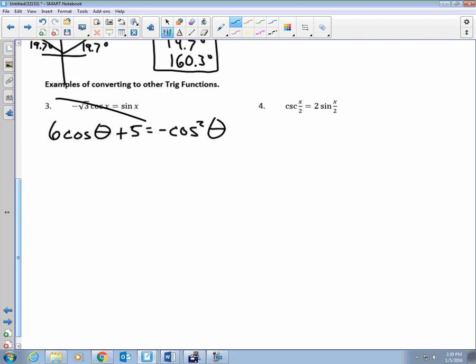6 cosine theta plus 5 equals negative cosine squared of theta. Okay. So you guys tell me, what do you think I should do to both sides? Yep, very good. And I get cosine squared of theta plus 6 cosine of theta plus 5 is equal to 0.